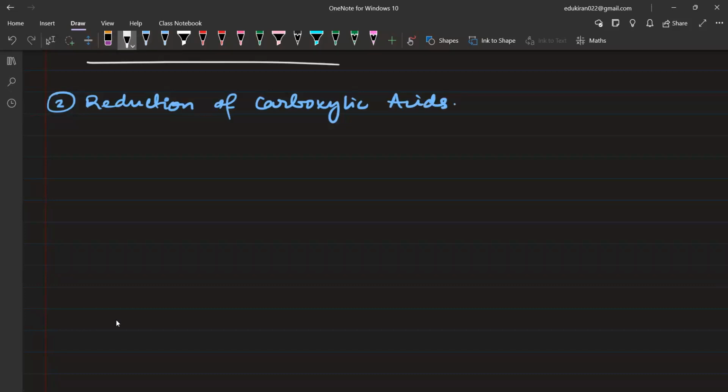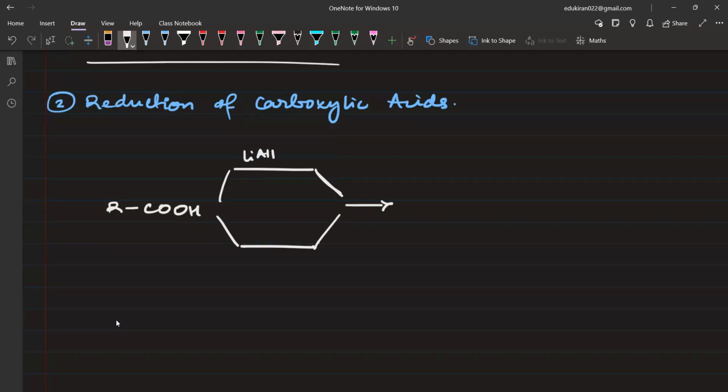Okay. So in reduction of carboxylic acid, we can use two different reagents. We have RCOOH, and both of these reagents are going to give you the same product. First one is lithium aluminium hydride. In the second step, add water. Then you have diborane B2H6.